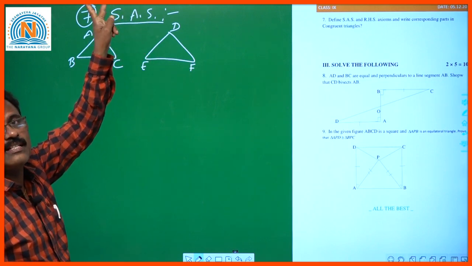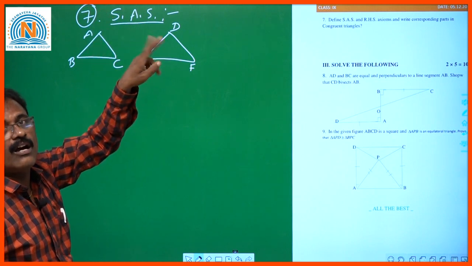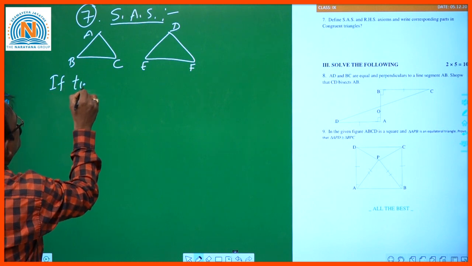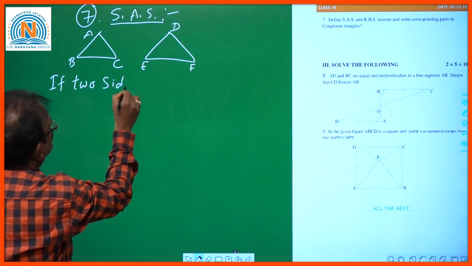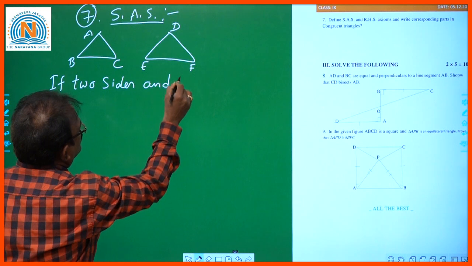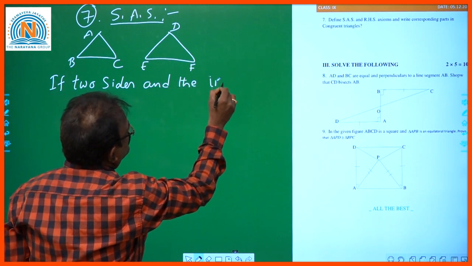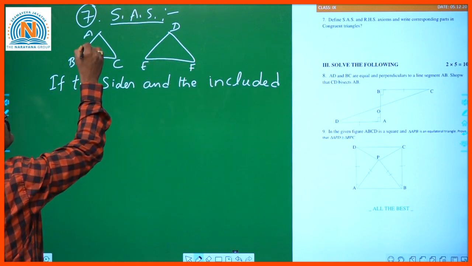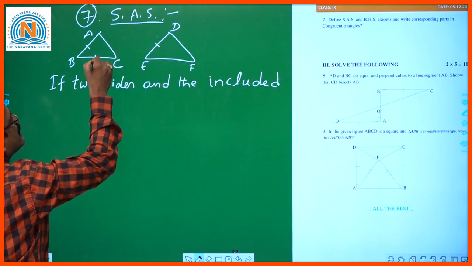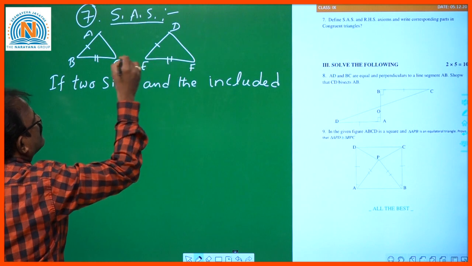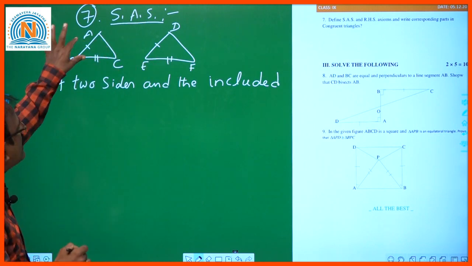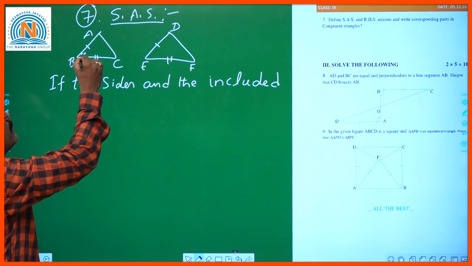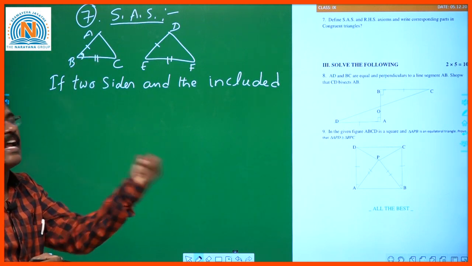So two sides and included angle of one triangle. Suppose AB is equal to DE, BC is equal to DF. AB, BC, we consider these two sides from first triangle, then angle at B is considered as included angle.